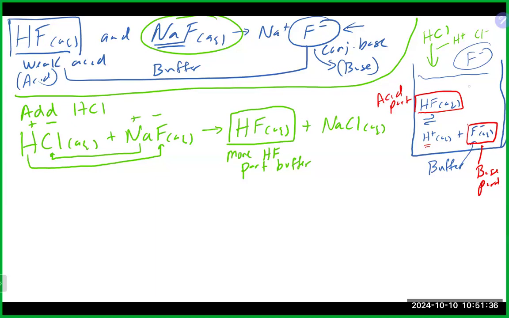When we drop this in here, the H plus ion finds the F minus, and it's going to make more of the HF, right? And that will not affect the pH. The Cl minus is not important here. It's a spectator ion. It's a neutral guy floating around like a sodium would be.